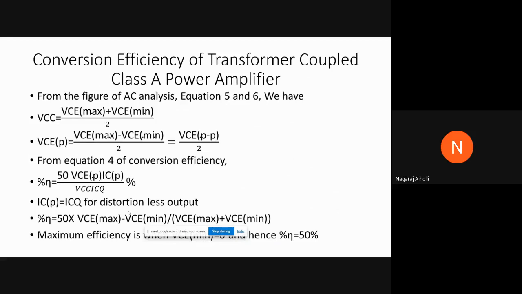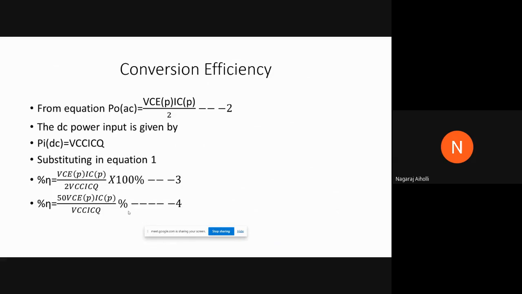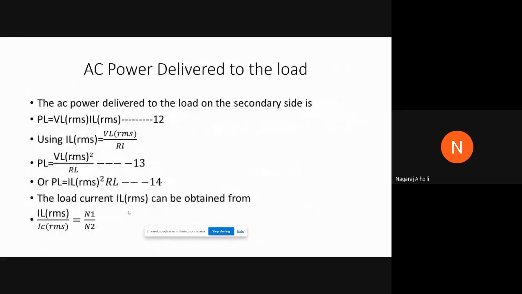Let us move on to further details of the conversion efficiency of the transformer coupled class A power amplifier from the figure of AC analysis, considering equations 5 and 6.